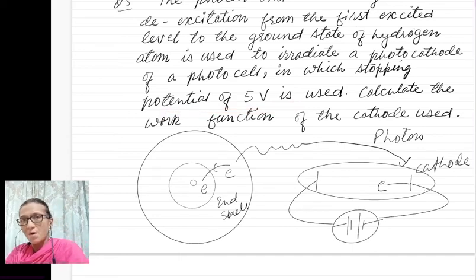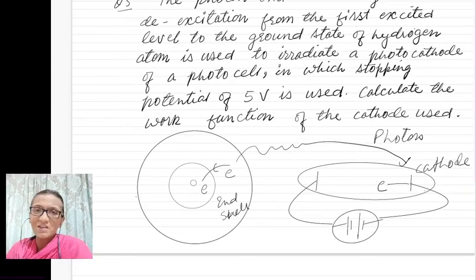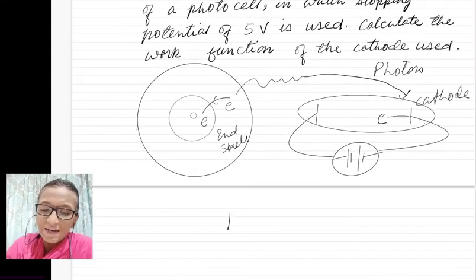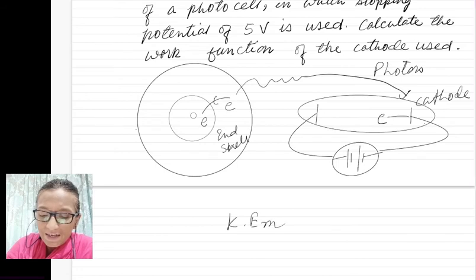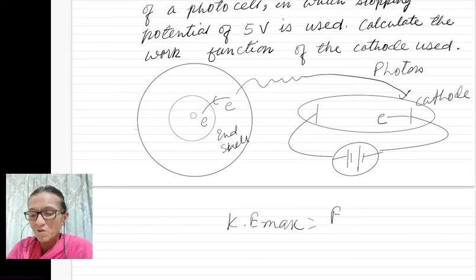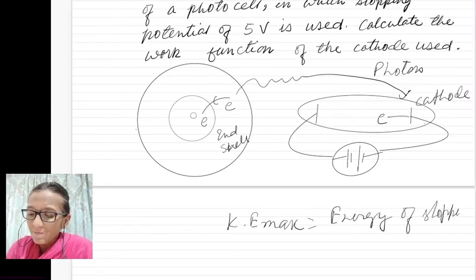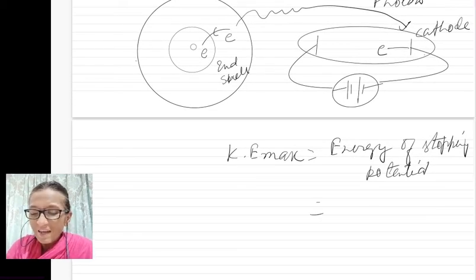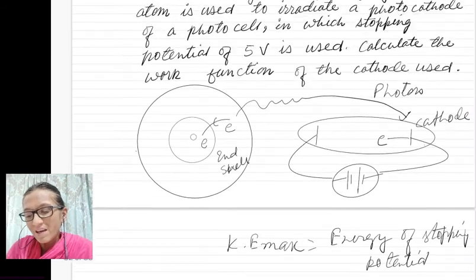It will stop the most energetic electron. Energy of stopping potential must be equal to kinetic energy max. So from here you can find kinetic energy max. Kinetic energy max is equal to energy of stopping potential, and this is equal to eV.